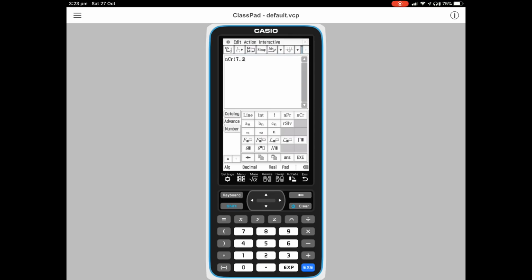7C2 times x to the power of 2 times 1 minus x to the power of 5, plus the same thing again.